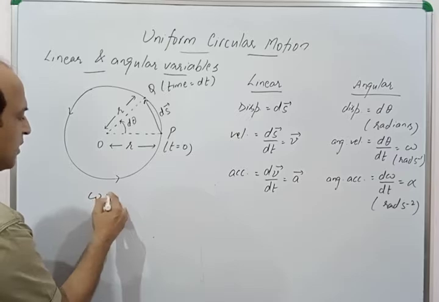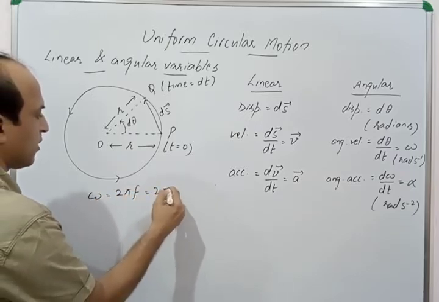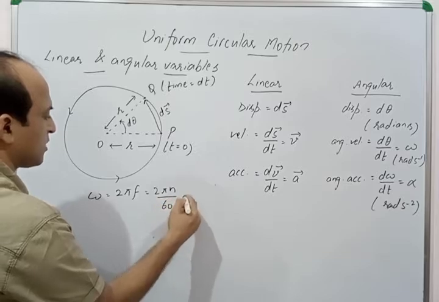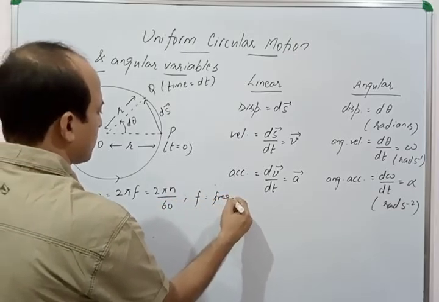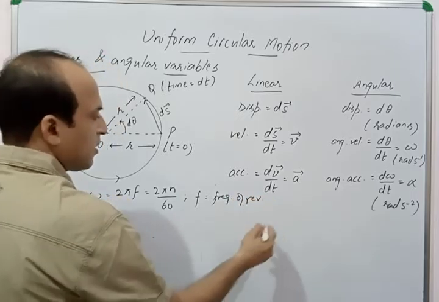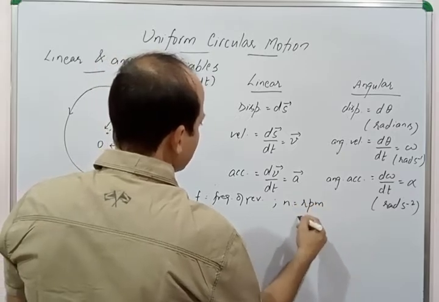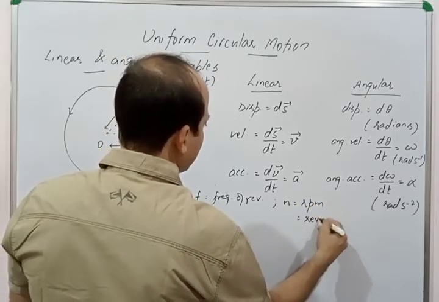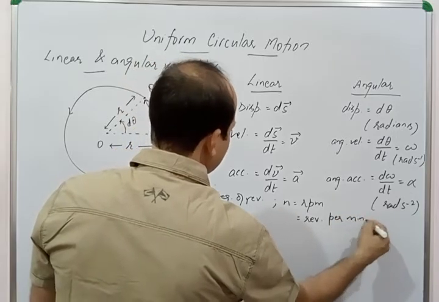Omega can be written as d theta by dt, or 2 pi f, or even 2 pi n by 60. What is this? f is the frequency of revolution: how many revolutions a particle executes per second. And n is called rpm. It is similar to frequency, but measured per minute, so revolutions per minute.